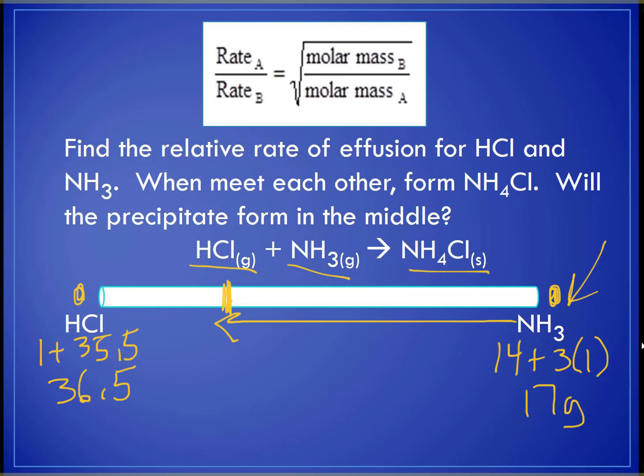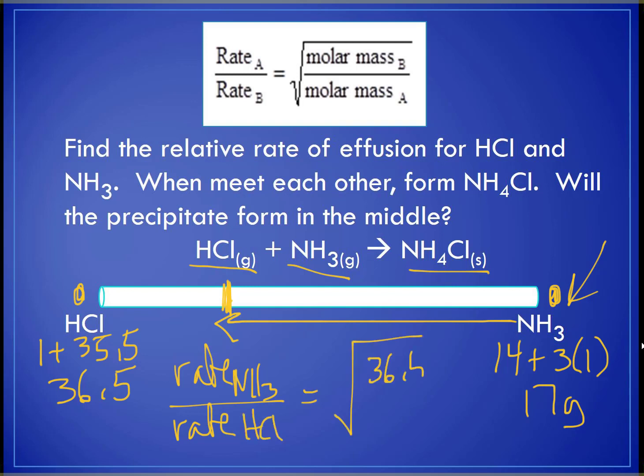So this is just showing the speed of the ammonia in comparison to the HCl. And we can calculate Graham's law for this. We'll do the rate of the ammonia divided by the rate of the HCl, and then we have the square root of 36.5 divided by 17.